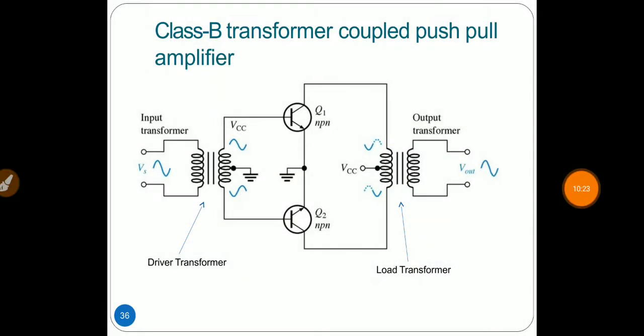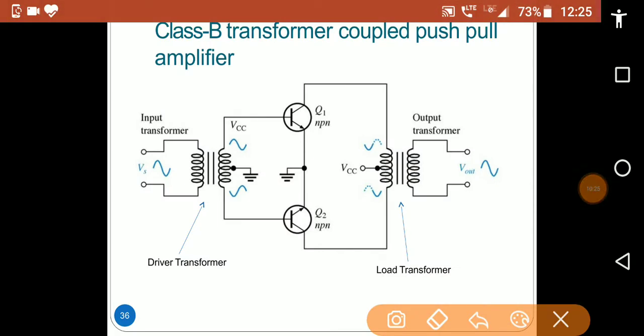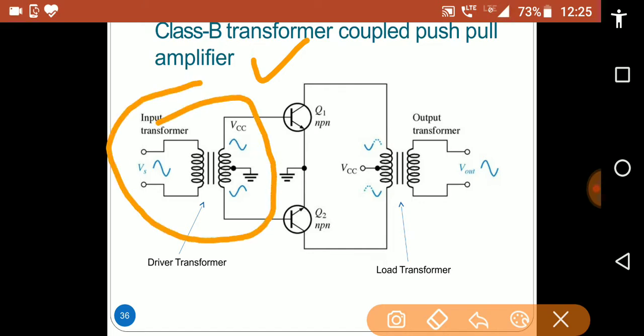So let us see the class B transformer coupled push-pull amplifier. This is the load transformer. This is Q1, Q2, these are the 2 transistors, and this is the output transformer.